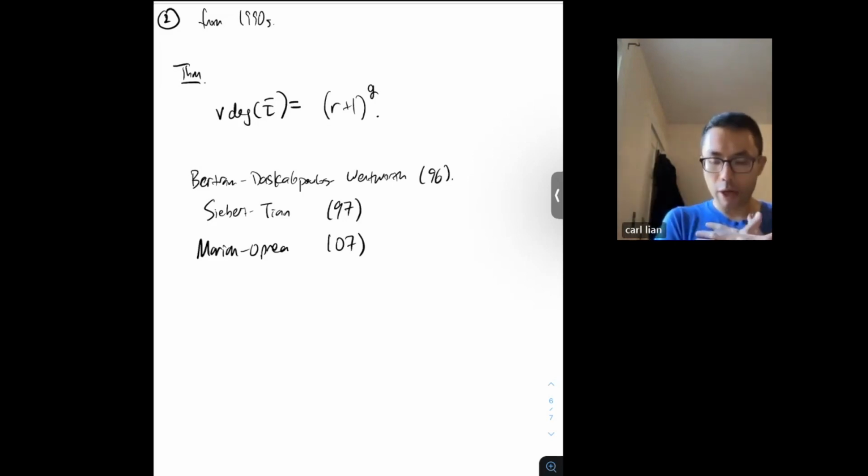And so their calculation is what you might understand to be the first modern calculation of this, and something much more general, in the language of virtual fundamental classes. And maybe I should also add plus Pandharipande. So Marian-Oprea did some sort of virtual calculation on the quot scheme, and it was later explained in a paper with Pandharipande that this is actually equivalent to the formulation I gave.